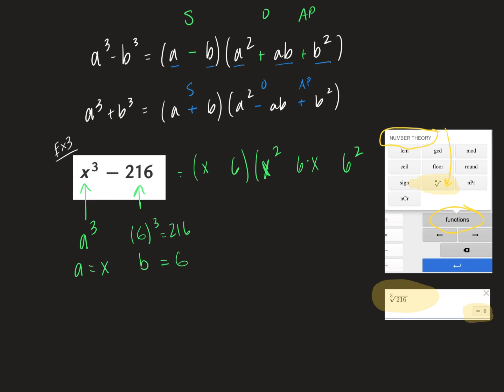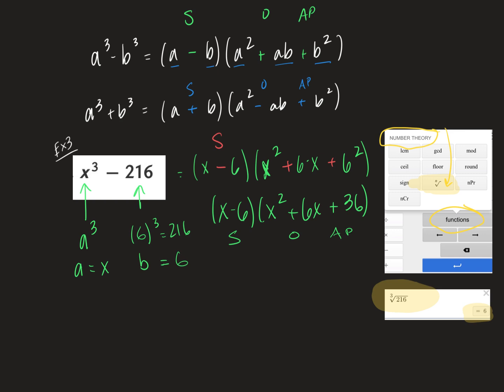So our signs are going to be same, minus, opposite, plus, always positive, plus. All right, so then I want to just simplify. x minus 6, x squared plus 6x, and 6 squared is 36. Same, opposite, always positive. Okay, so that's how I would apply it to the problems that are on the homework.